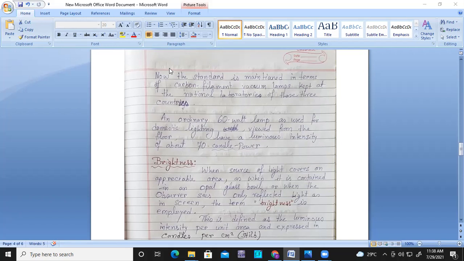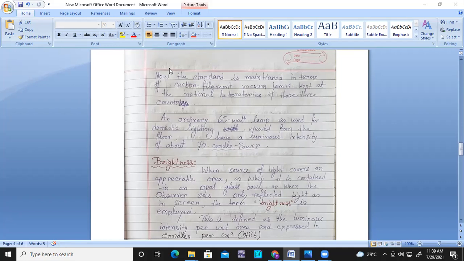Look, the illumination. The illumination on a surface is governed by the amount of light, or the luminous flux, falling on that surface per meter square.